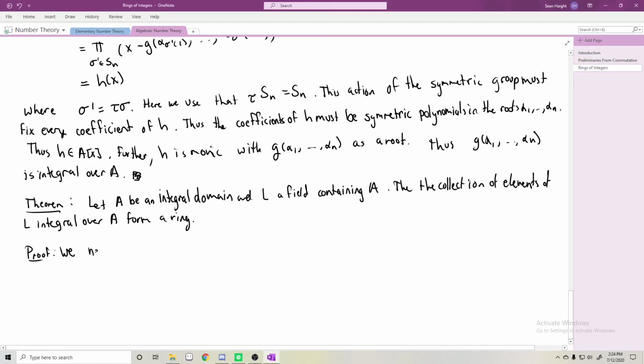We need this set, I'm going to call it O sub L, this will be standard notation, O sub L, to be closed under addition and multiplication.